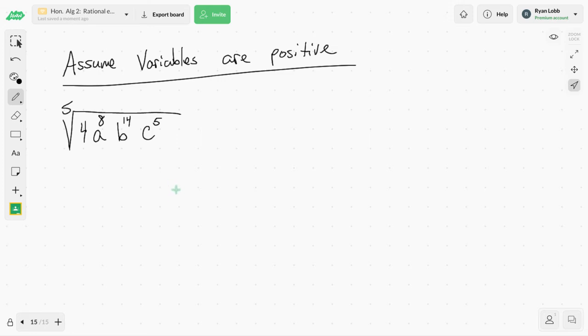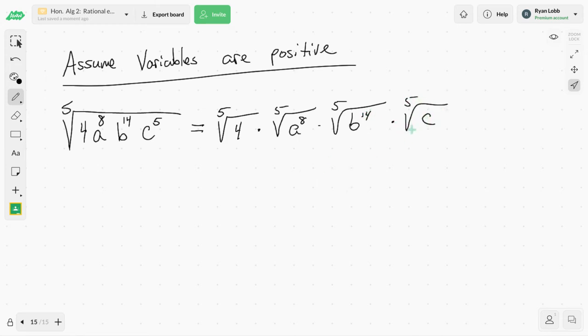Now, look at this one. Without writing this out, this is what you really do have: the fifth root of 4 times the fifth root of a to the 8th times the fifth root of b to the 14th times the fifth root of c to the 5th. Now, is this going to simplify?